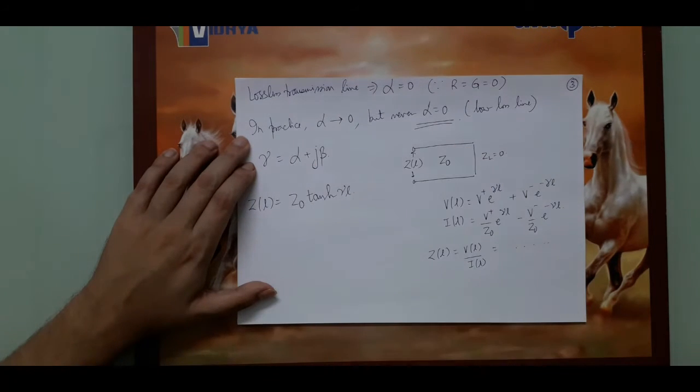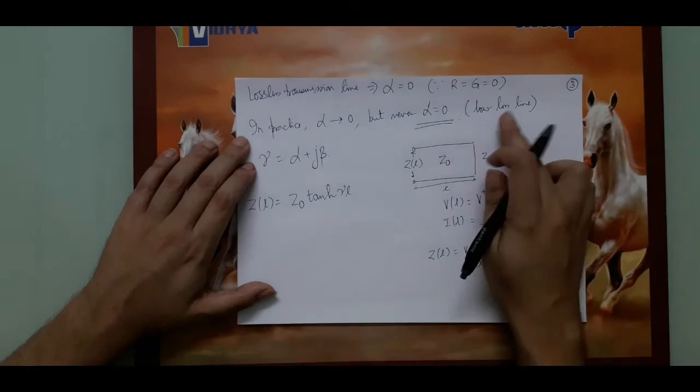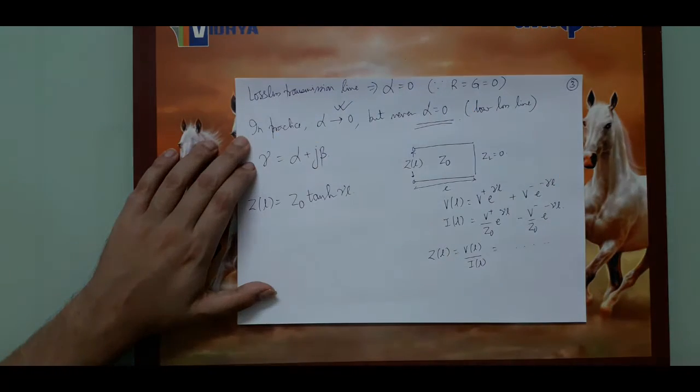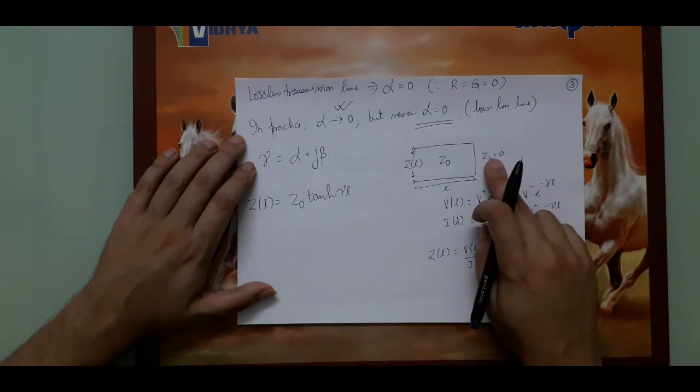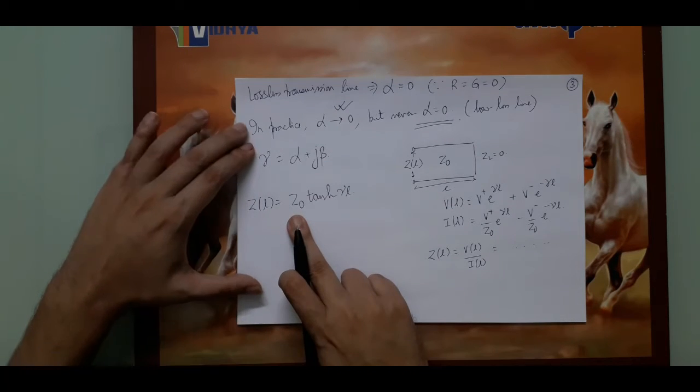So coming back to the problem at hand, if I have a low loss transmission line where alpha is tending to 0 and it is short circuited, then the impedance seen on the other side would become something of this kind.